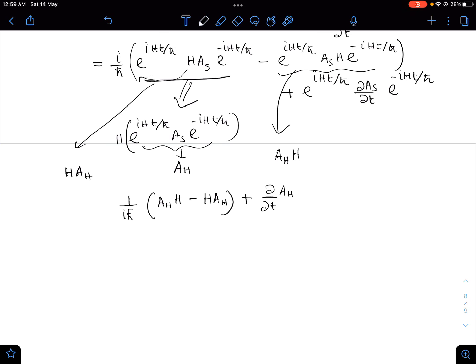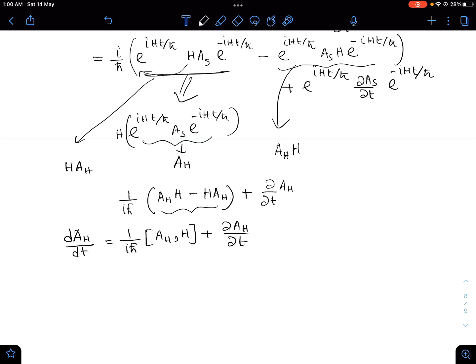So we have our equation: change of A with time is 1 by i h cut, so basically this is the commutation relation of AH and H, and we have another term. So that is how, in Heisenberg picture, the operator changes with time.